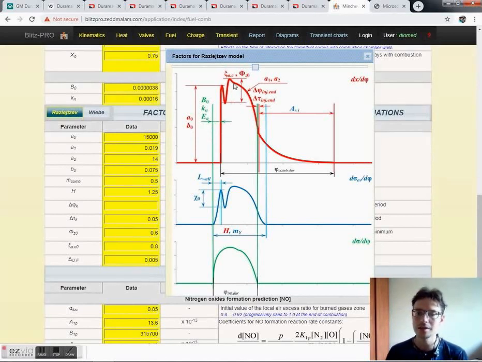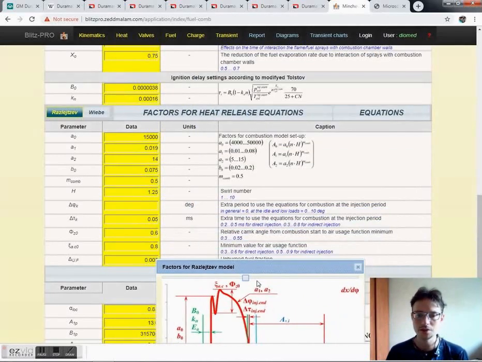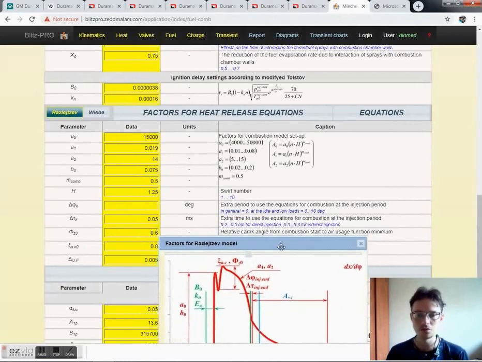These values, CAC and PZO, help to set up this process, the air usage during combustion.